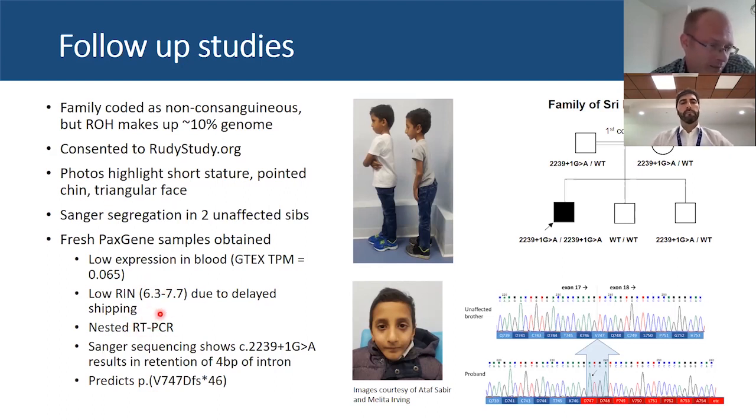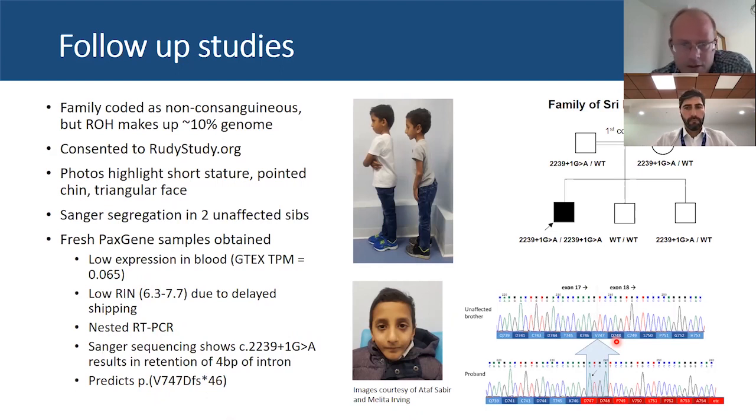So the first PCR didn't work very well, but then I did nested PCR, and we got a very nice Sanger trace showing basically it leads to a 4-base extension of exon 17. So a 4-base extension then leads to a frame shift. So that confirmed that it definitely was a loss of function variant.